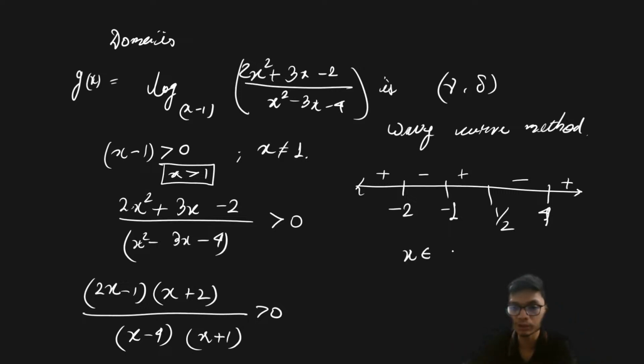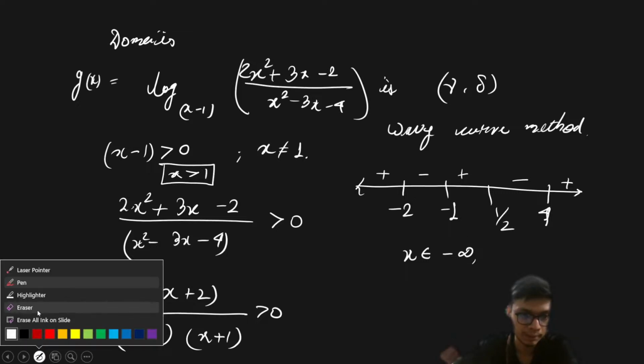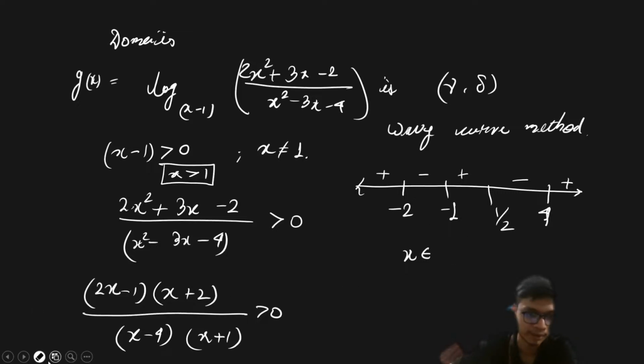Since x should be greater than 1, I am only interested in numbers greater than 1. So it should be between 4 to infinity. That's what the inequality is, right?